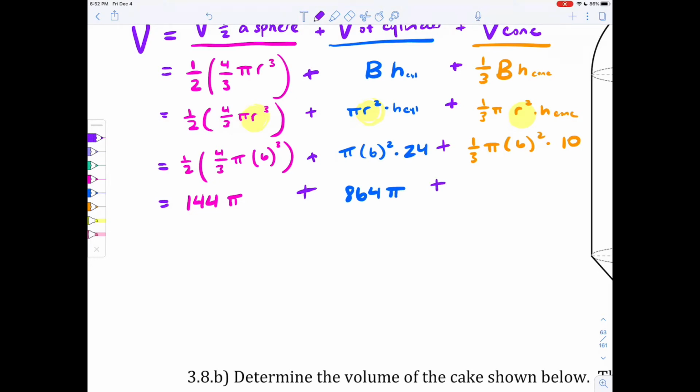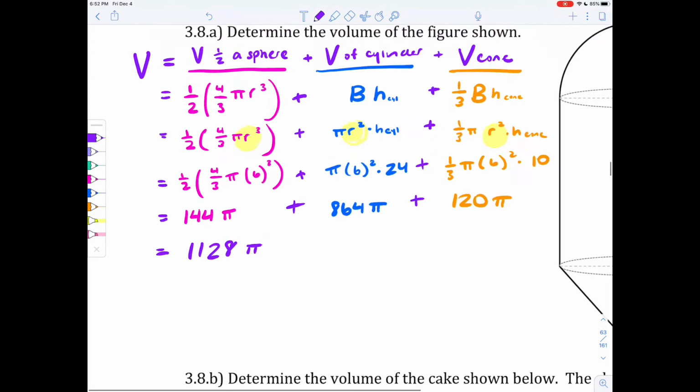And last but not least, for my volume of my cone, 1/3 times 6 squared times 10, well, that will give me 120 pi. Now, I'm going to go ahead and collect all my like terms, which are all of them, because they all involve pi here. And when I go ahead and do that, I end up with 1,128 pi.